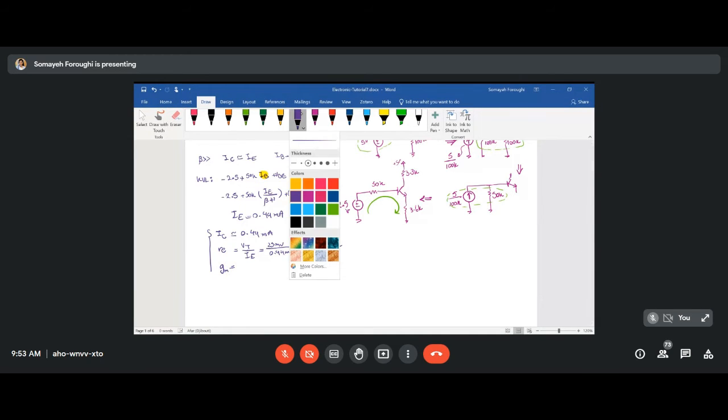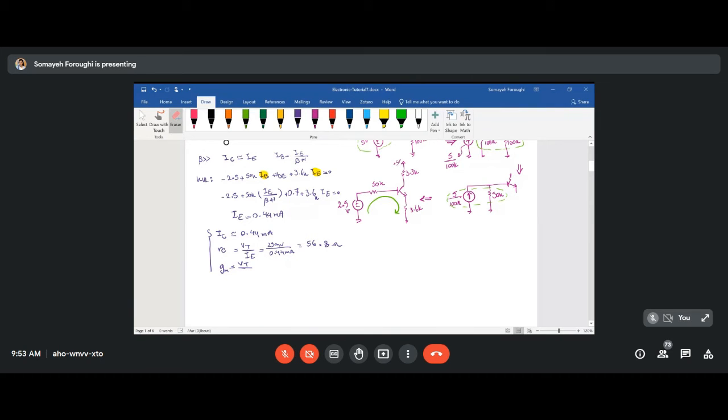Your GM equation will be IC over VT, sorry. It will be IC or IE over VT. And again, IC is as great as IE. VT is 25 millivolt. Finally, you will have 0.0176 as your GM. So our goal of doing DC analysis was only finding IC, GM, or RE.